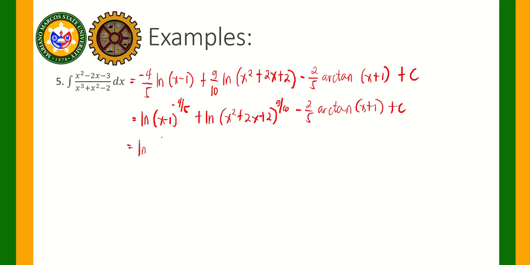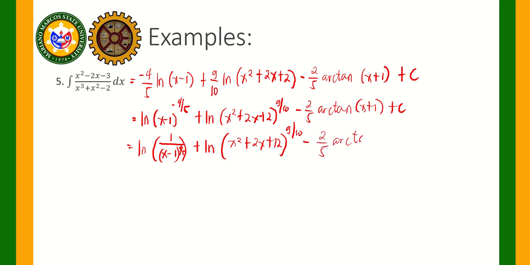This is equal to ln of 1 over x minus 1 plus ln of x squared plus 2x plus 2 raised to 9 over 10. Don't forget the 4 over 5, it goes down here, 4 raised to 4 over 5. And then minus 2 over 5 arctan of x plus 1 plus c.